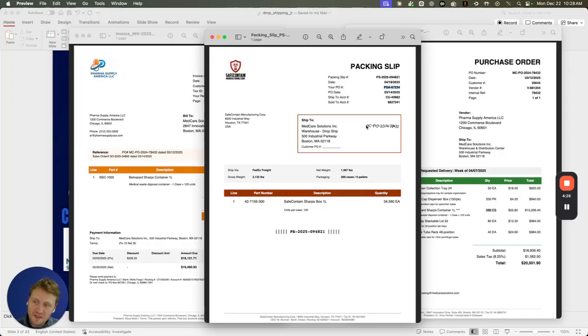And here we see in this example somebody in the Medcare warehouse wrote the actual purchase order number on the packing slip. So there's a challenge of resolving purchase order numbers here. Now imagine an AP clerk matching invoices against all of this every day with hundreds of invoices.